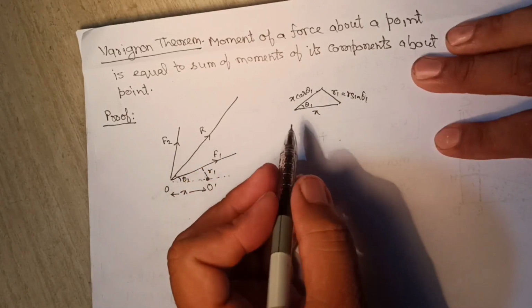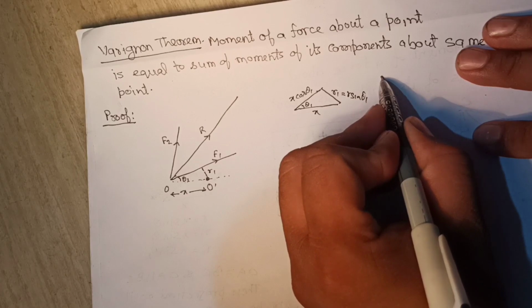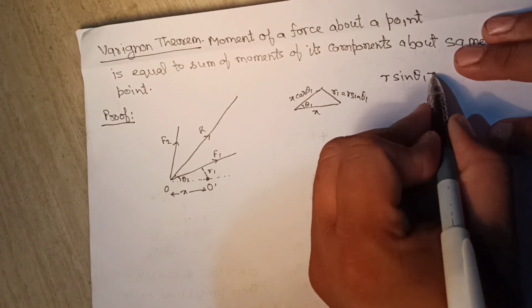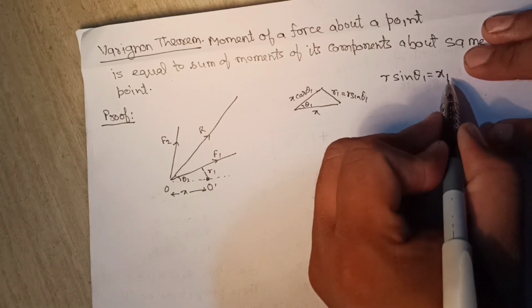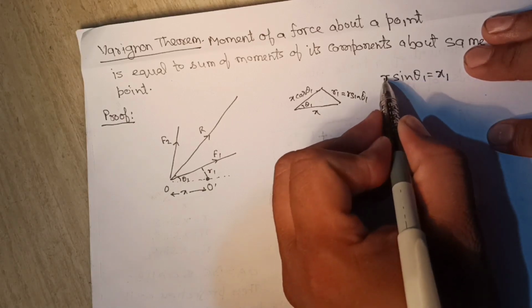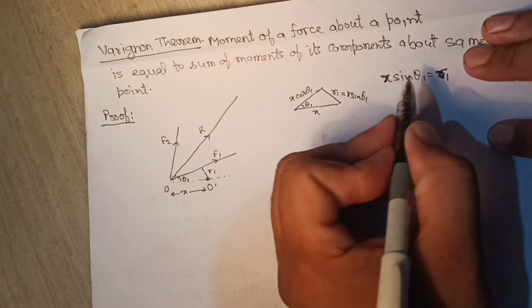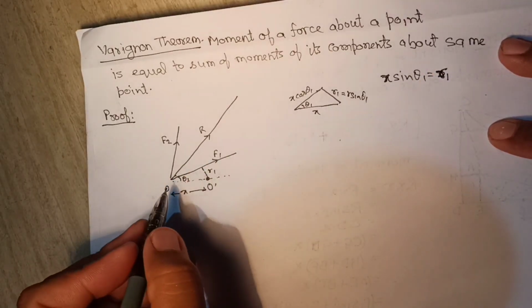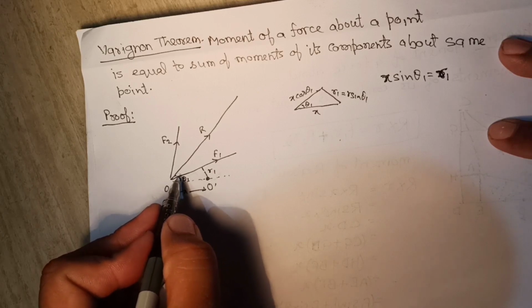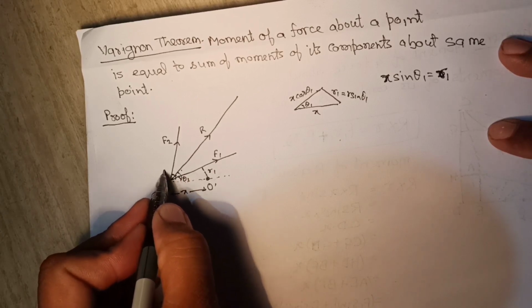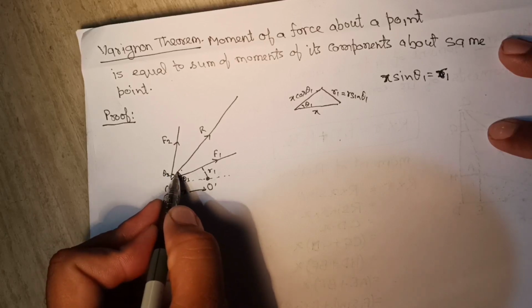Now from the figure we can say x and theta 1 is the angle, so x cos theta 1 and x sin theta 1 will be its components. So we can say x sin theta 1 is equal to R1. From the figure you can see x sin theta 1 is equal to R1.